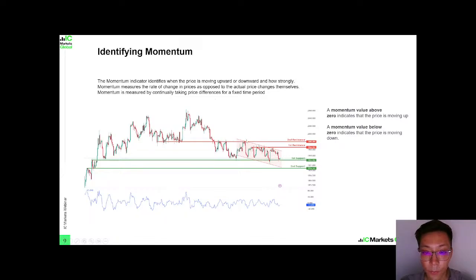You can see right here how price is moving in a downward trend. A momentum value below 0 indicates that price is moving down, while a momentum value above 0 indicates that the price is moving up. In this case, the momentum value is below 0, and it shows that price is moving down, which in this case is correct. So your direction should mainly be sells.